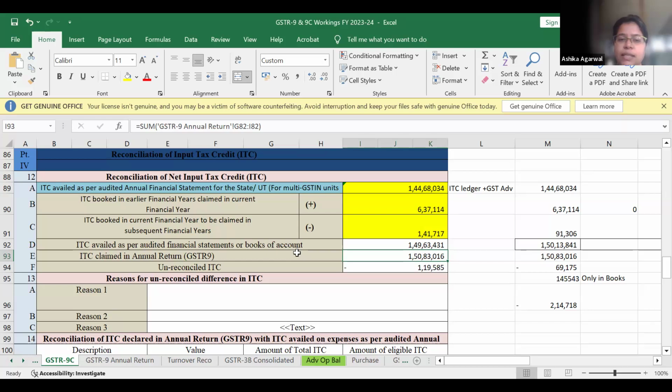There can be a case the transaction was appearing in 2B, you have also claimed in 3B, but you missed out to account for it in books in the same year, or you might have accounted for it next year, or by mistake you expensed it. I'm just giving you scenarios which can arise. Sometimes, due to improper recording, the reversals in 3B are where you are doing all the reversals.